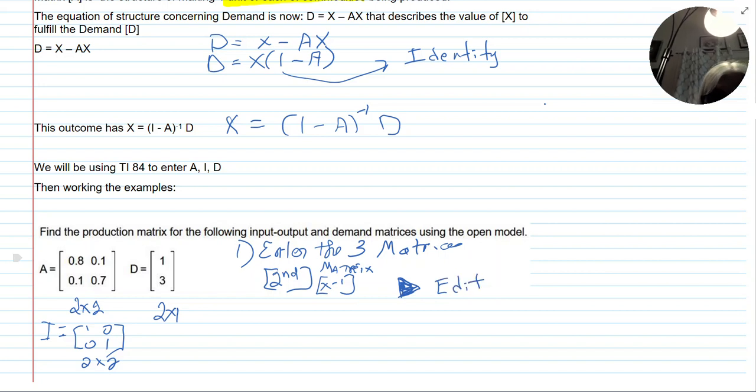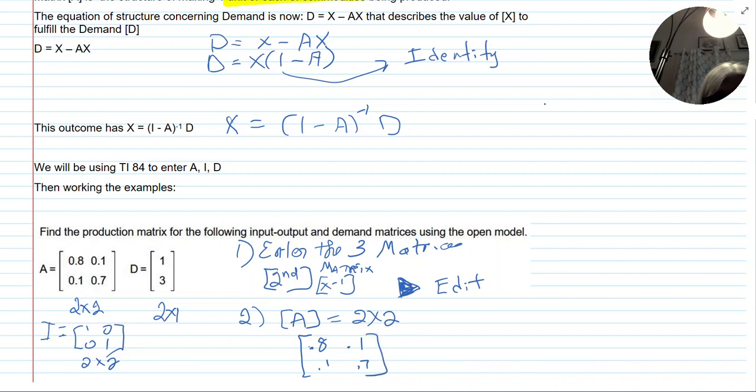And once we hit enter, then we enter the specifics. A would be the 2 by 2, and then we would enter what we have. The 8/10, the 1/10, the 1/10, and the 7/10.